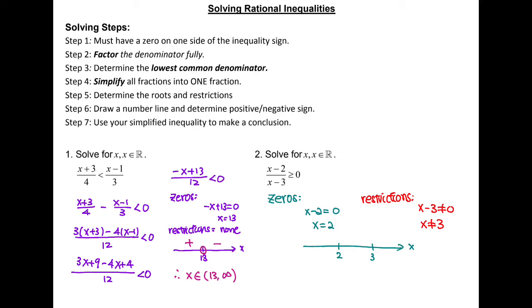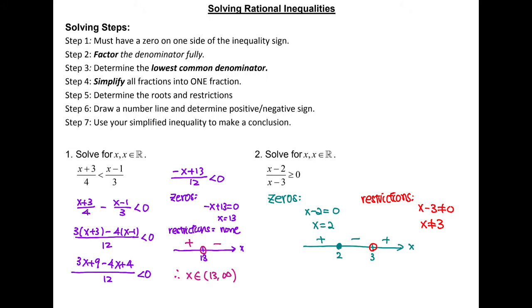We can see the most right-hand side interval will be positive, then the middle interval will be negative, and the last interval will be positive again. Since there is an equal sign in the inequality, that means we do include the zeros. However, the restriction can never be included, so at 3 is an empty dot.